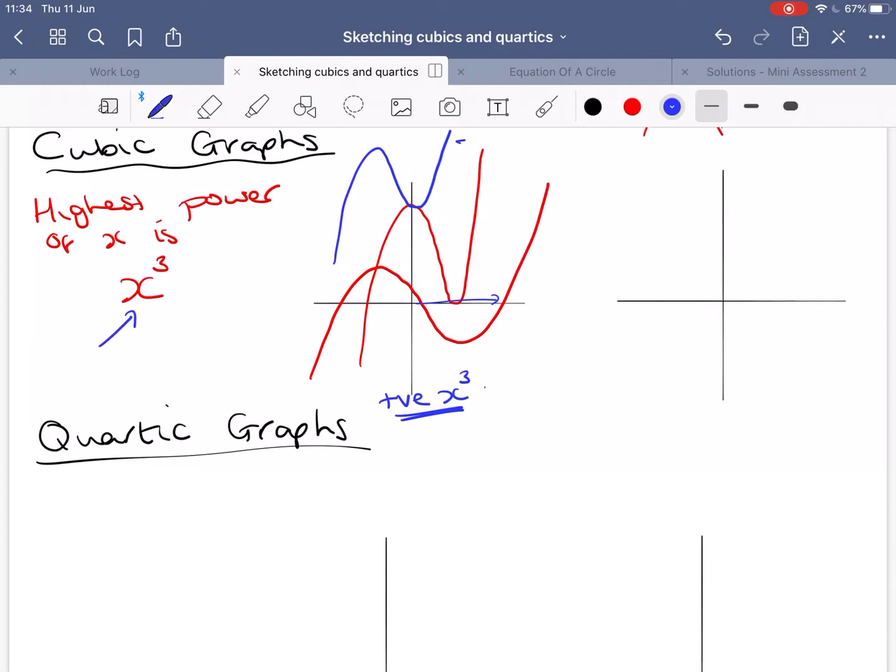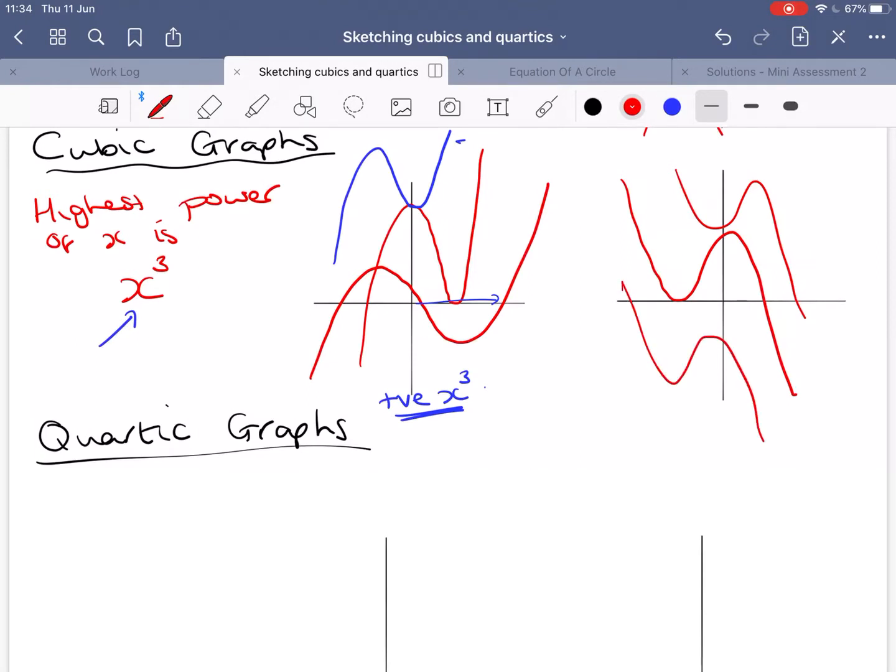Obviously, we can have negative x cubed, and just like with our quadratics, it gets flipped upside down. So negative x cubed graphs, again, have the two curves, the two bends, but this time it starts in the top left and finishes going down to the bottom right. And again, they can be anywhere. They can go up high, down low, anywhere below here like this.